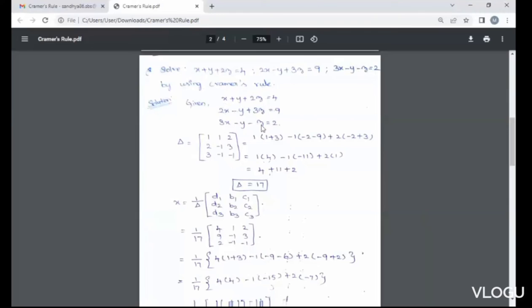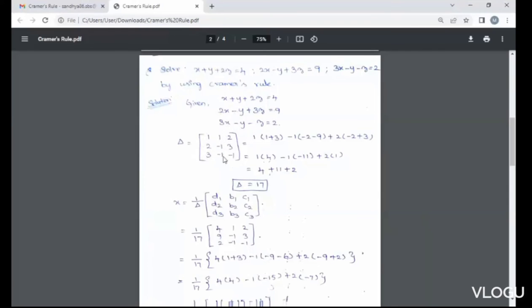So the first step is to find the value for delta. The first column of delta is replaced by the x coefficients of the given equations. In the first equation, the x coefficient is 1, in the second equation it is 2, and in the third equation it is 3.